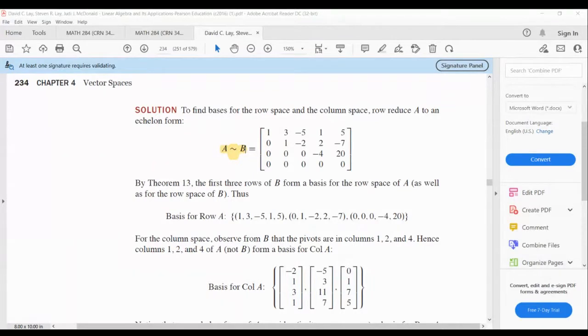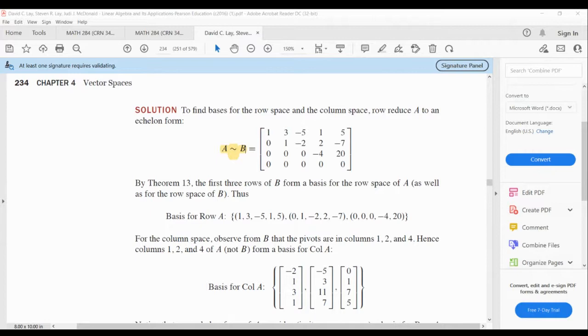Is it the first, second, and third column, or the first column and the third and the fourth, fifth? What columns are the pivot columns in that matrix B? What are the columns that have the pivots? That's right, Belen. That's right, Mikhail. Columns 1, 2, and 4.